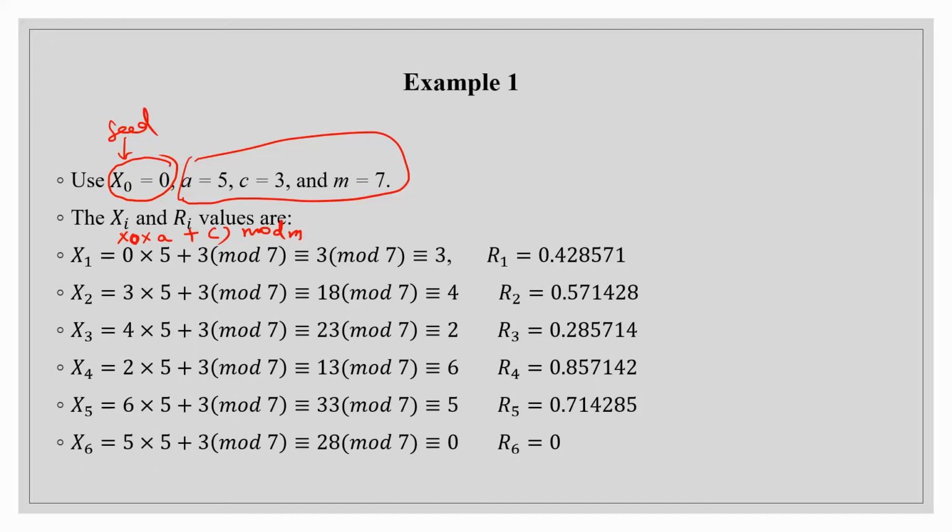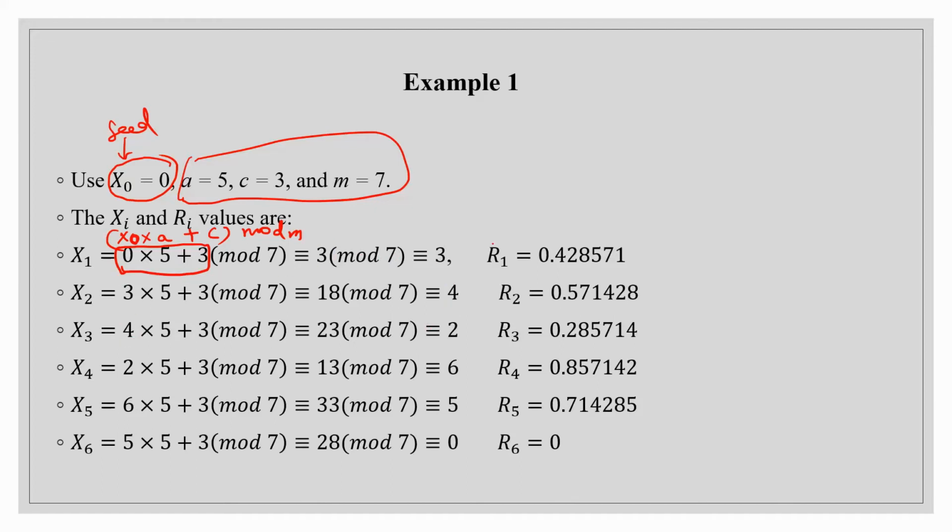So you can see that I have multiplied this x naught, that is 0, into 5, that is my a, plus c, that is 3, and if you calculate this you will get 3, and now I have to divide this with 7. So 3 divided by 7 gives me remainder 3.